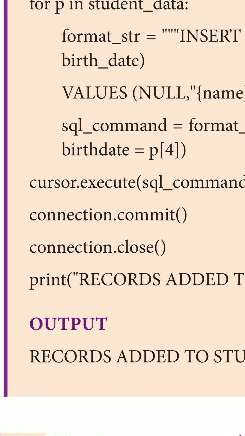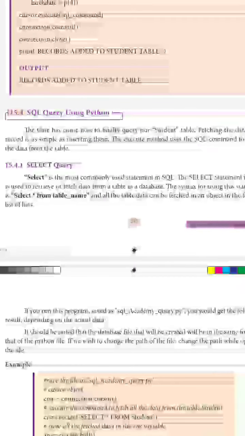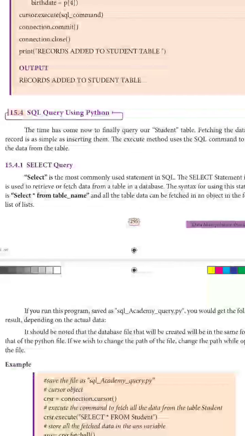In the next topic you can see SQL query using Python. Query means that in the above examples we have seen that we are creating a table, inserting data, and putting data into the database by using SQLite. But in the forthcoming example we are going to fetch data from it.